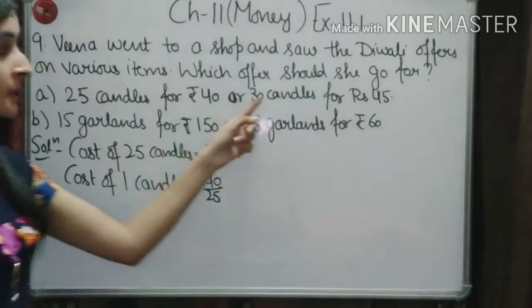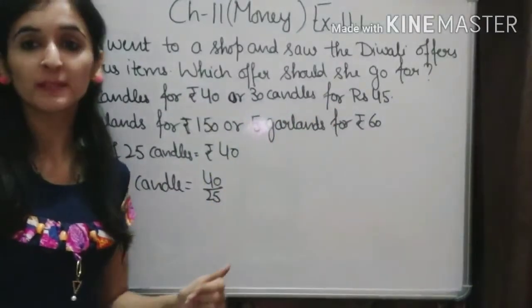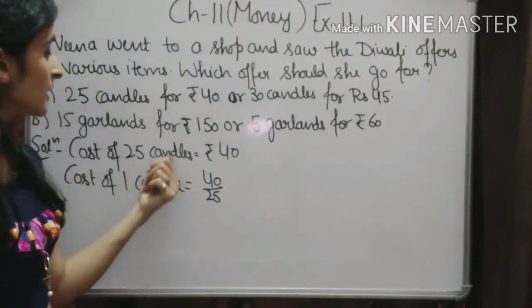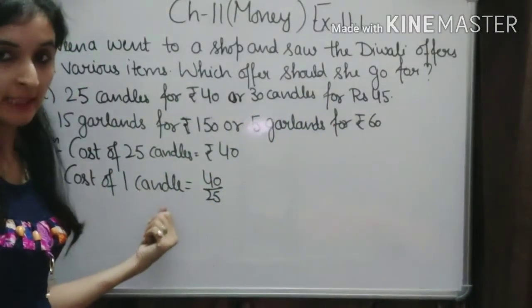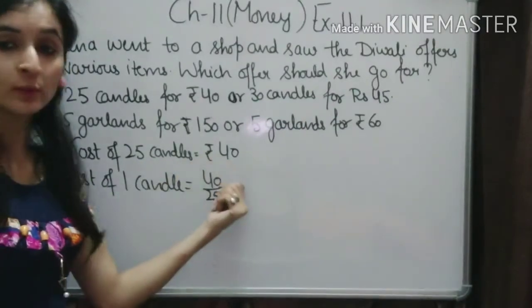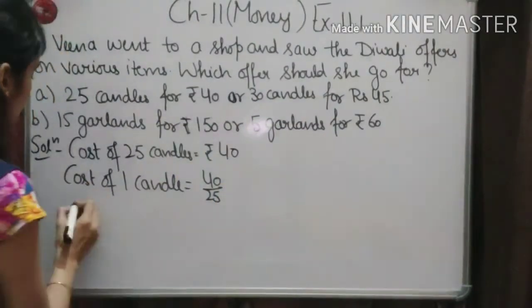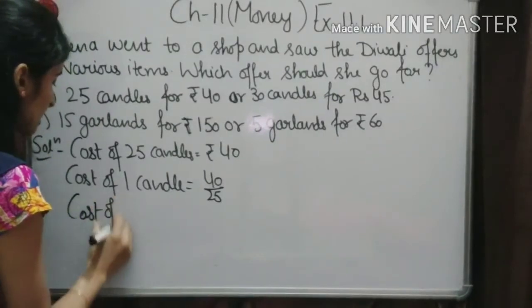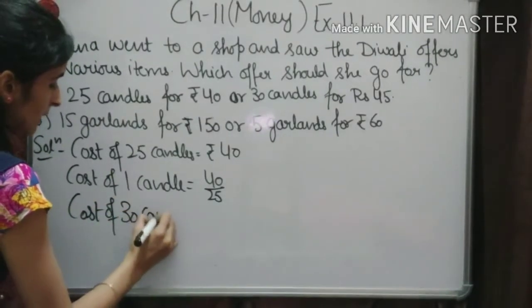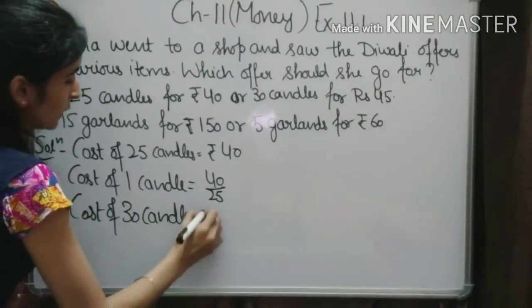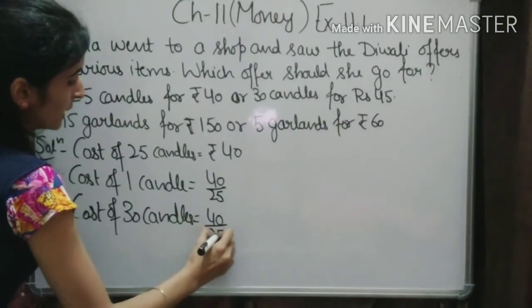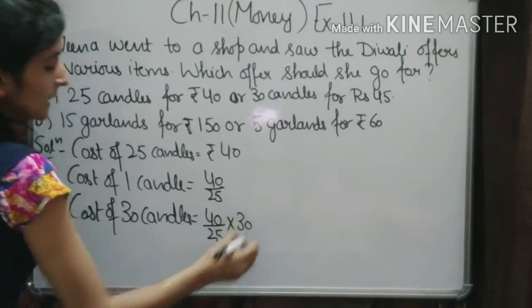And here she is getting 30 candles for rupees 45. But if I see according to this rate, if 25 candles cost rupees 40, then the cost of 30 candles will be equal to 40 by 25 multiplied by 30.